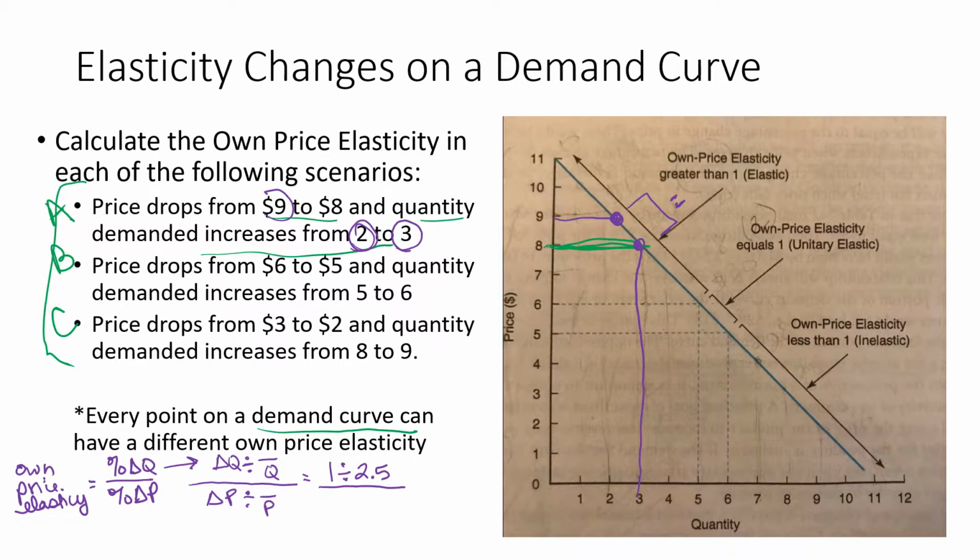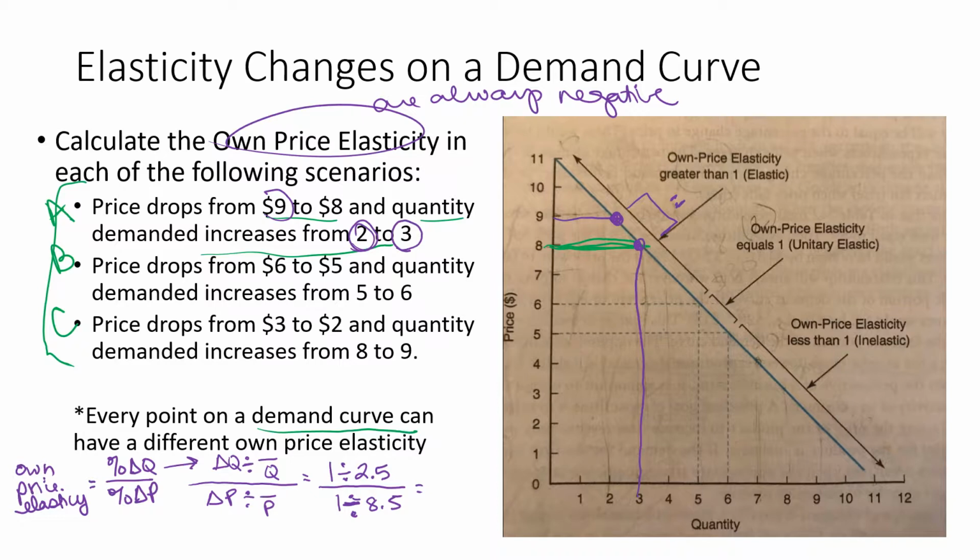And recall, own price elasticities are always negative. So sometimes we leave those out because they're always negative. So 1 divided by 2.5. And then on the bottom, we have 1 divided by the average of P. Well, the average of P between 8 and 9 is 8.5.